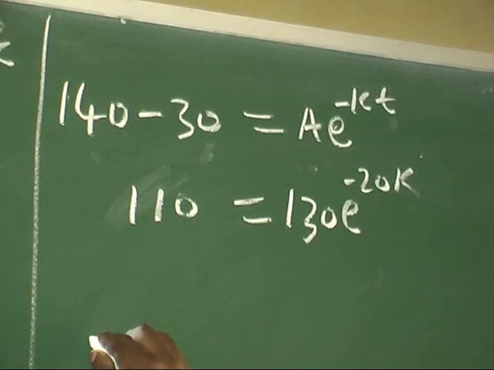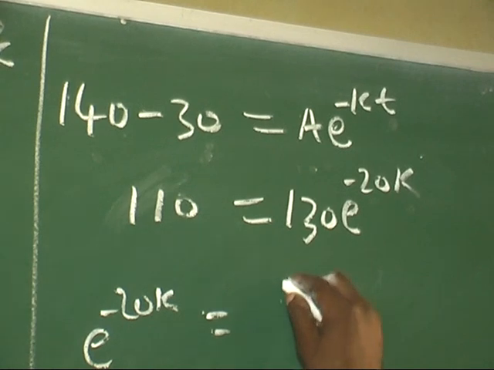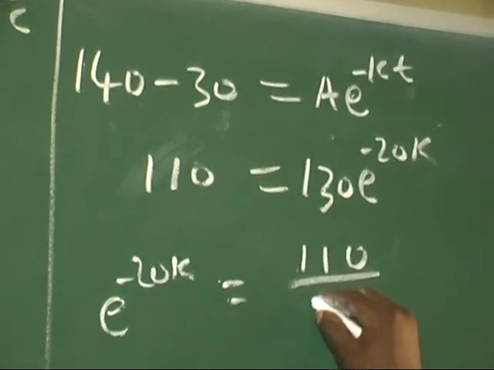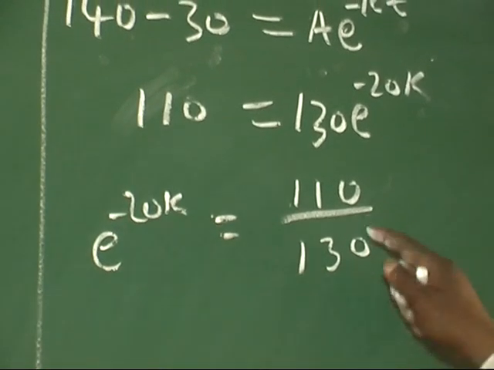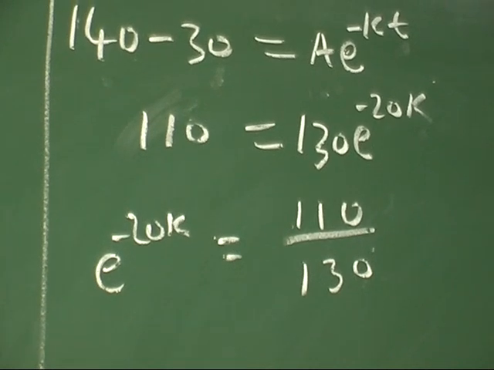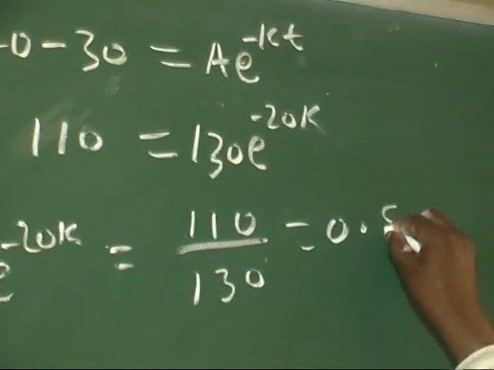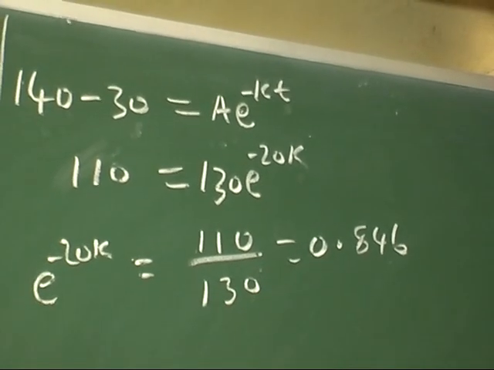Which means that exponential minus 20K will be the same as 110 over 130. Of course, we have to divide this so that we get 0.846.